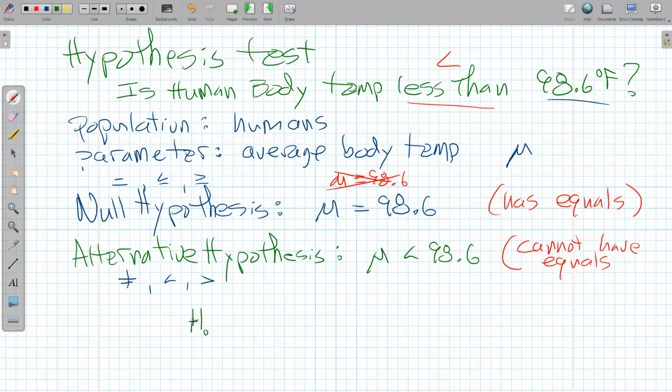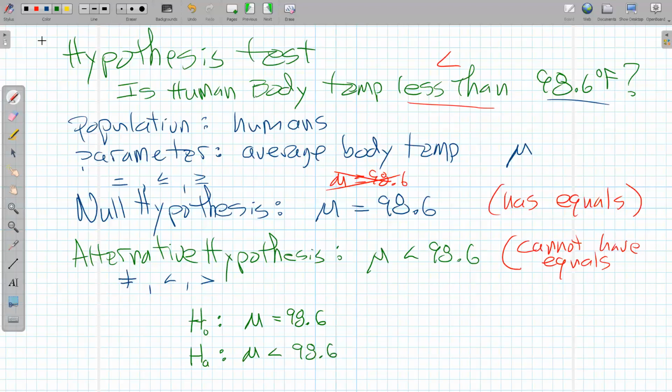So often we'll see this abbreviation for the null hypothesis, H subscript 0, and then a colon, and then the equation. So mu equals 98.6. And then the alternative is written as H with an A for alternative, and then whatever its equation or inequality is. So in this case, mu is less than 98.6.